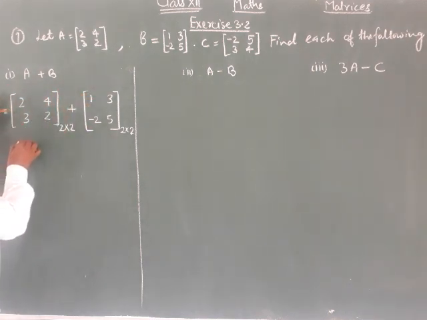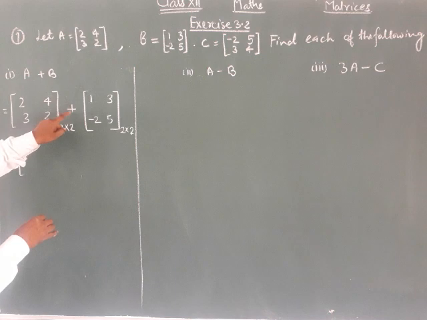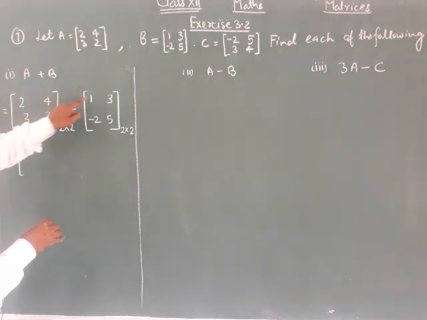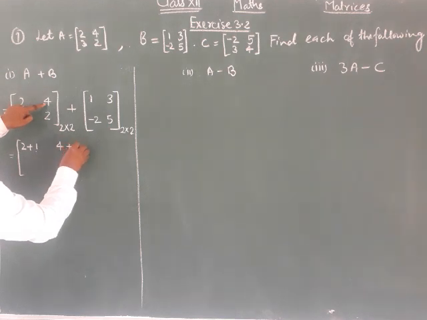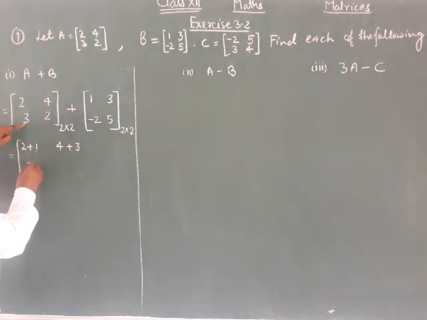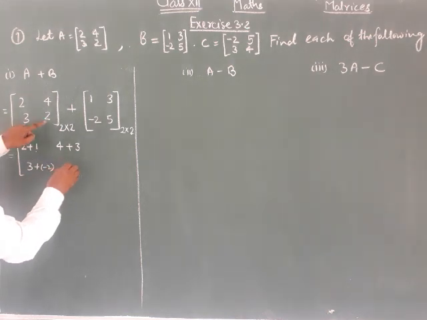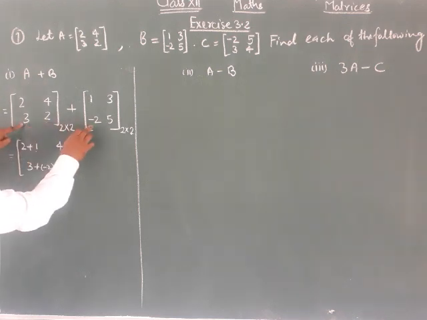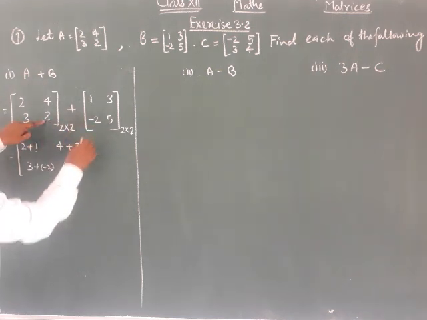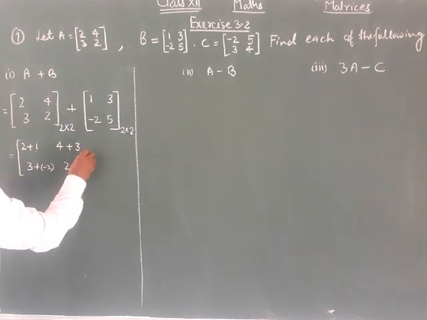So now, matrix 2 plus 1. Corresponding elements, with the plus sign: 2 plus 1, 4 plus 3, 3 plus minus 2, and 2 plus 5.